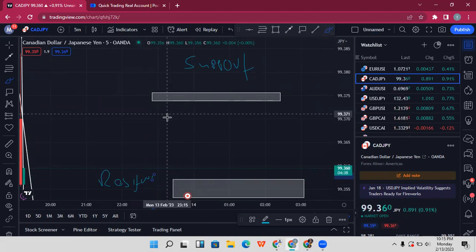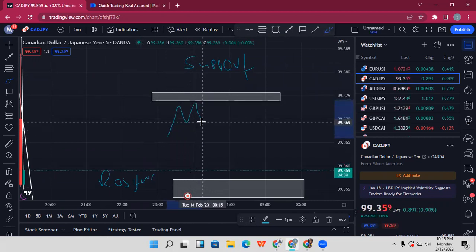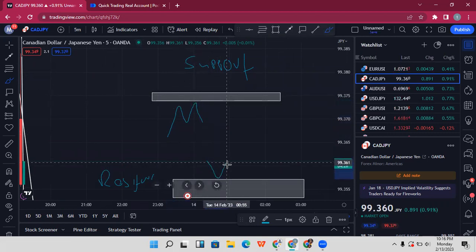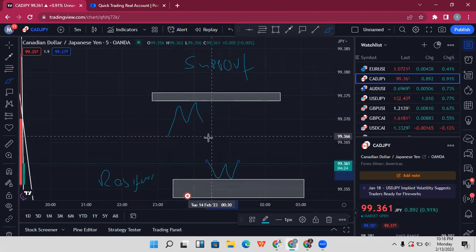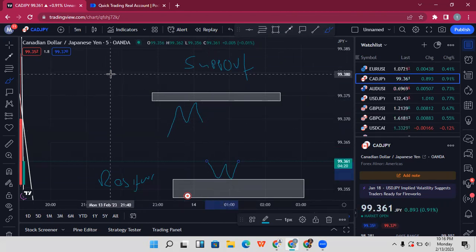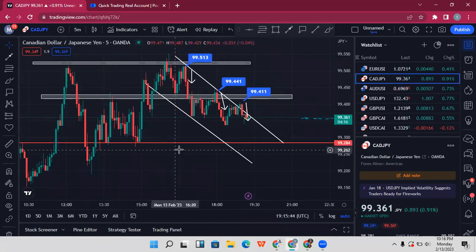The things I usually look for here are double tops that are hitting the support level, and I also look at double bottoms. On today's trades, this is some of the main things I was looking at on my charts. So let's take a look at the double top.